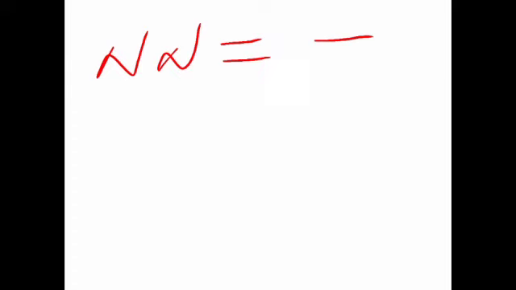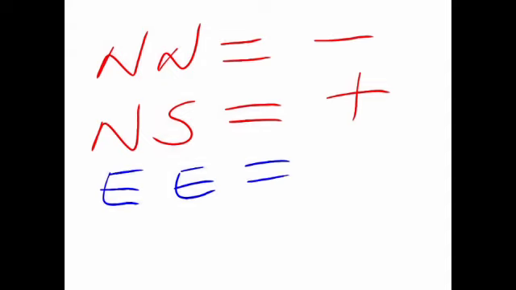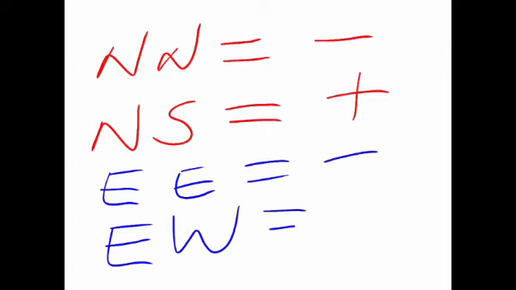If it is north, south, this should remind you to add. And when you are dealing with longitudes, when you see east, east, this should remind you to subtract. And if it is east, west, this should remind you to add.